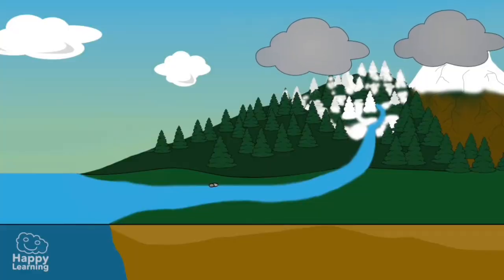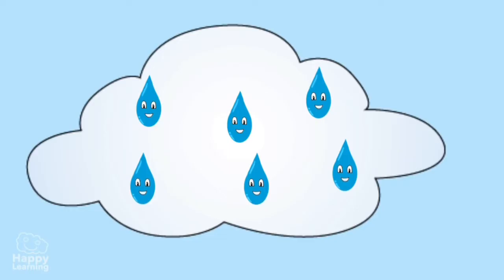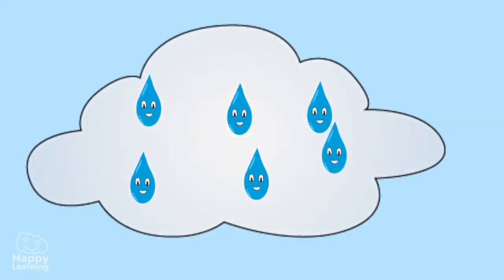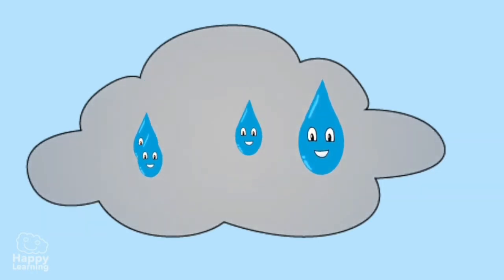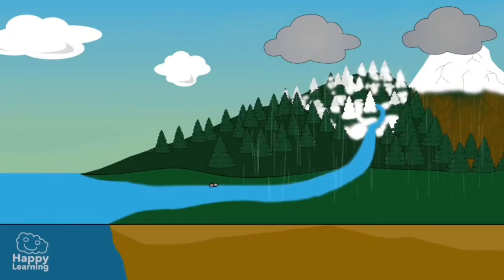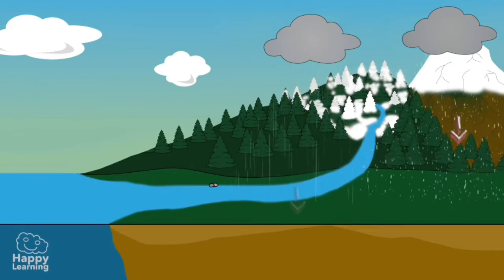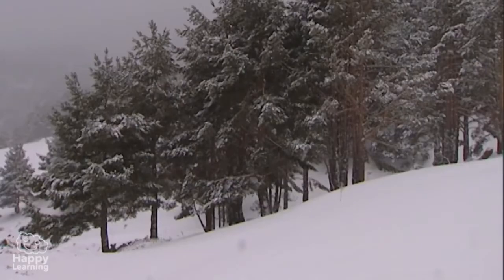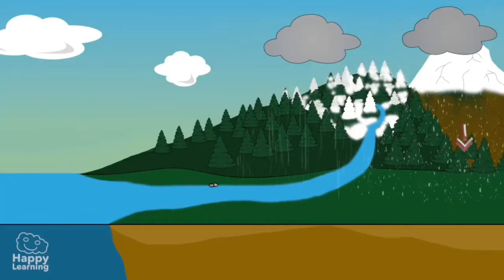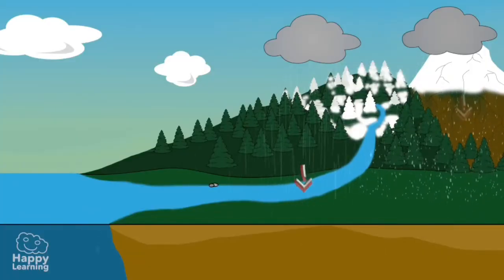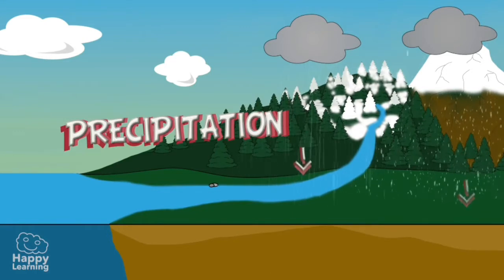These clouds become bigger and bigger because the tiny droplets combine with each other and the clouds become heavy. Then the water is transported from the atmosphere to the earth's surface in the form of rain and snow. This whole process is called precipitation.